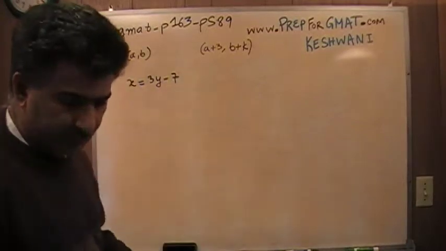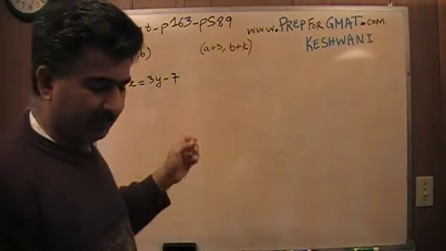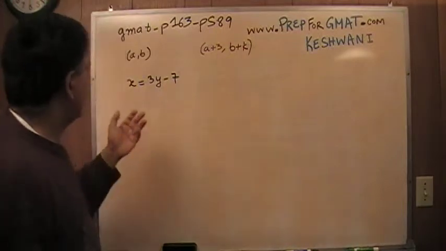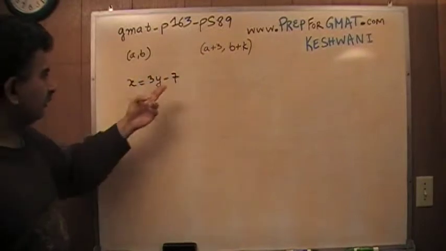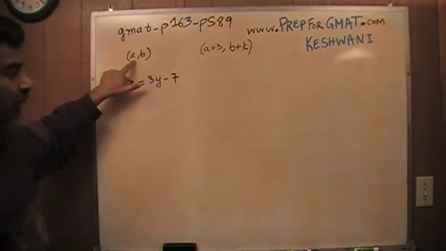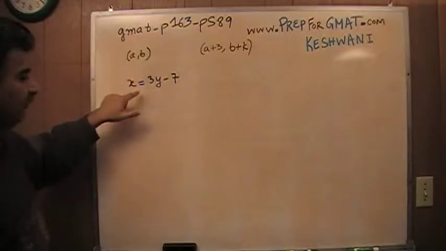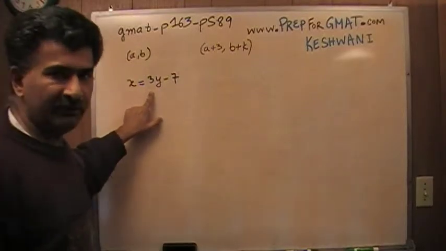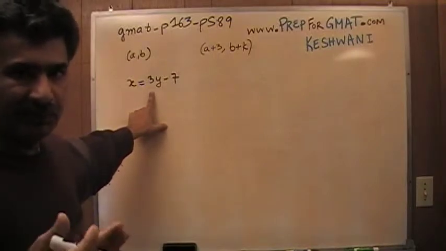In other words, when they say that these are the 2 points on the line defined by this equation, that's a geeky, nerdy way of saying that this point goes through this line and this point goes through this line. If I were to substitute the coordinates for x and y in this equation, it should be satisfied. That means this equation will still hold.